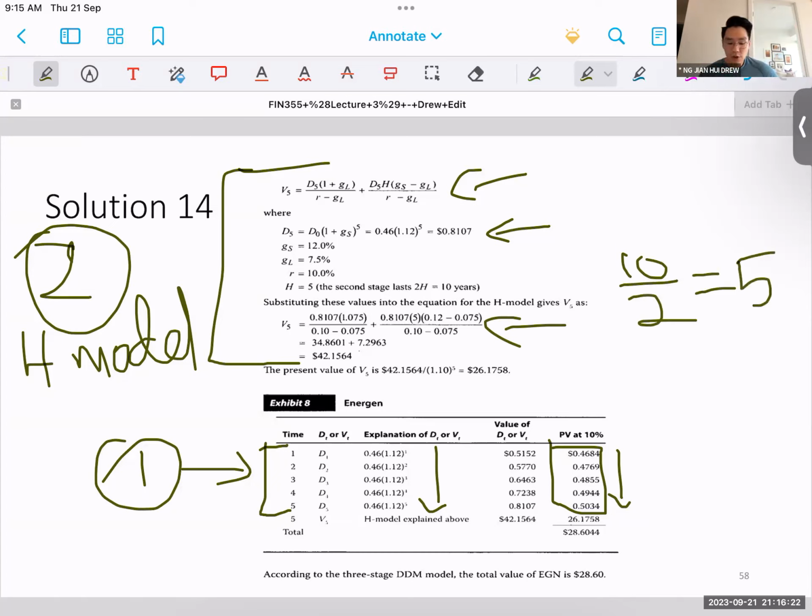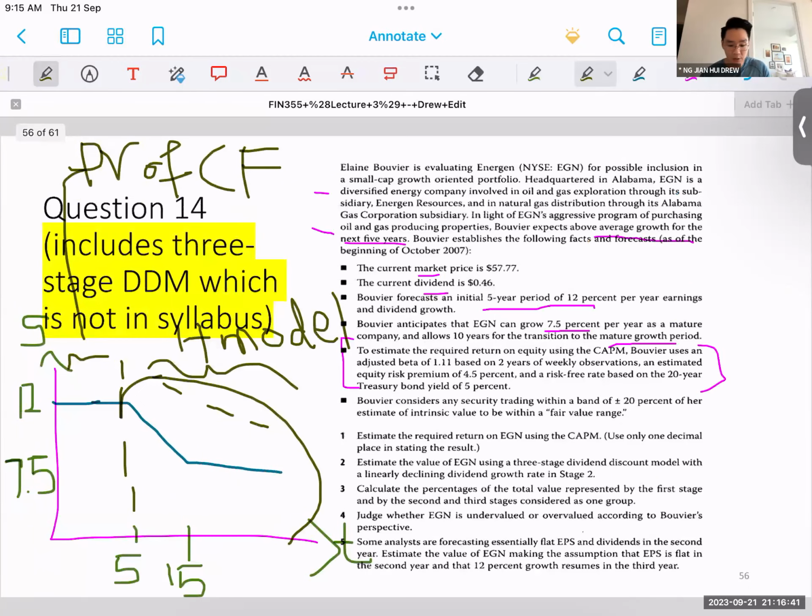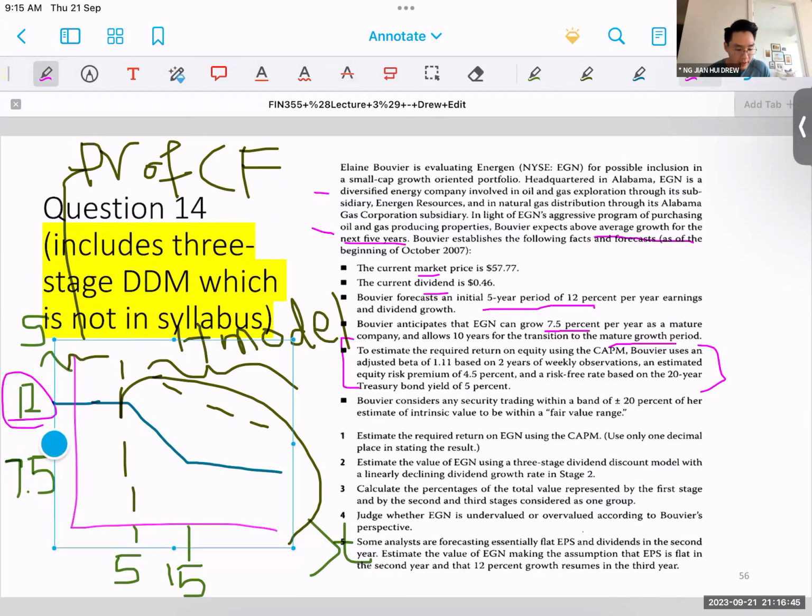You know your GS is 12, supernormal growth, and your GL, the low rate, is 7.5, which is what we have written here. I'm just going to flip over for you to have a look. So 12, supernormal, and 7.5 at low rate, GL.